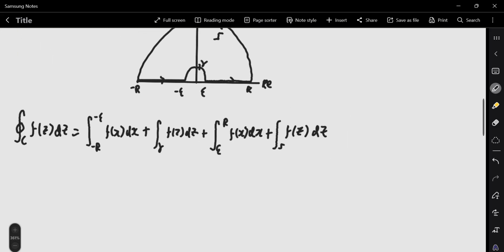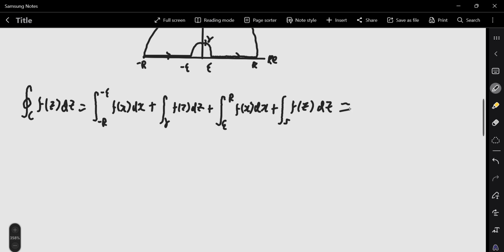Sure, this is it. And using our theorem, we know this is all equal to 0.